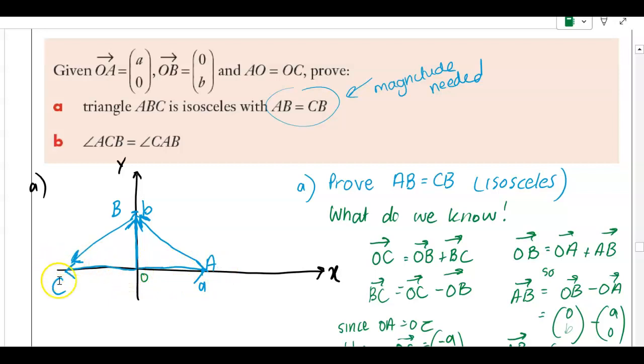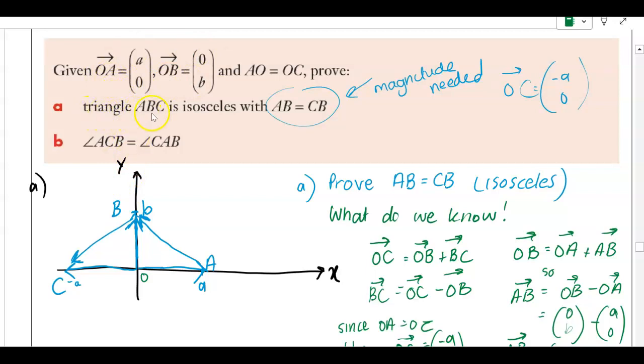If we just pop our C down here in the negative area, then that point down there is going to be minus A. So OC is going to be the column vector of minus A and 0. That then mathematically allows us to get the OA and OC distances to be equal. Given that we now have an accurate diagram that depicts that information, let's have a look at what we want to prove.